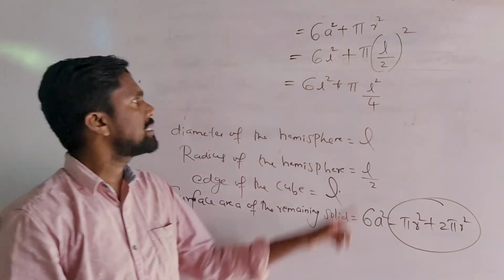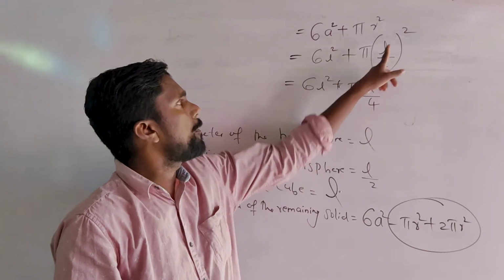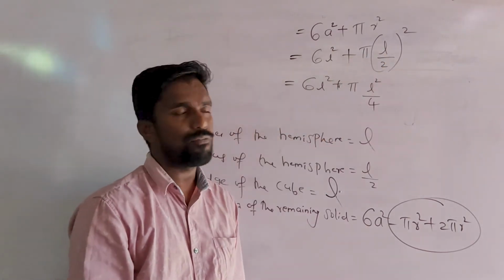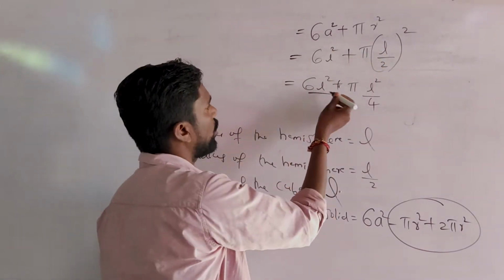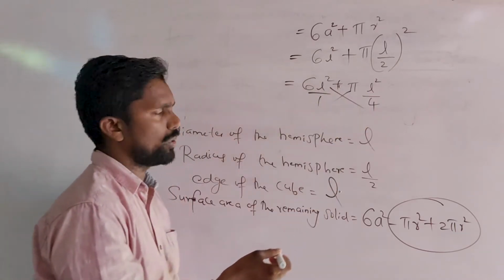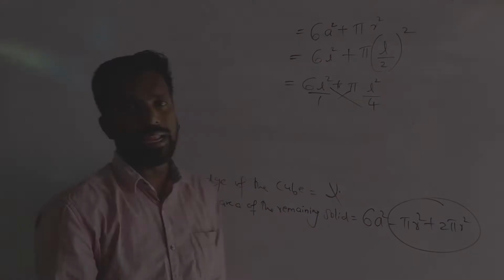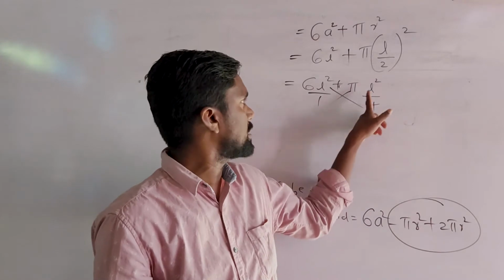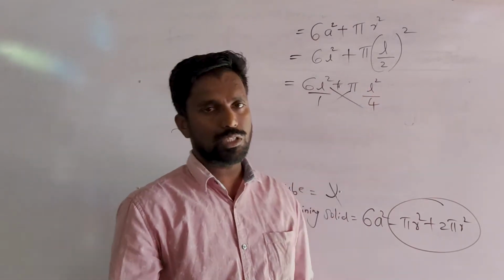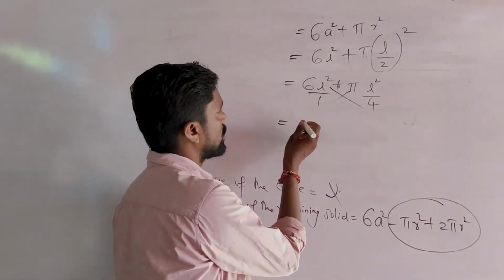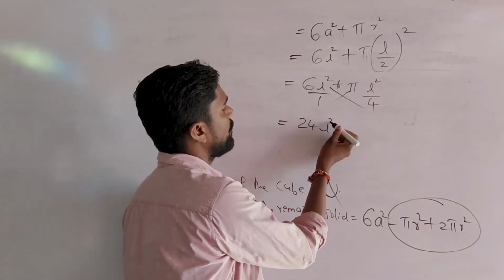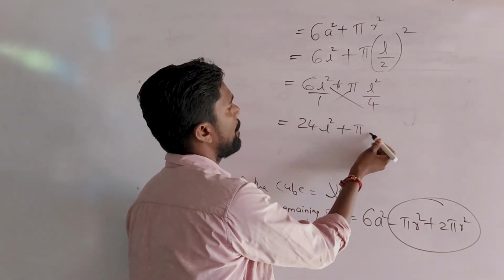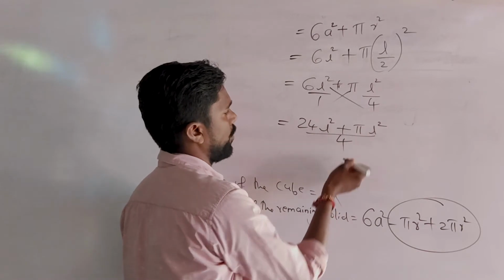Any problem? 6l square plus pi l square by 4, doing cross multiplication, you get 24l square plus pi l square by 4.